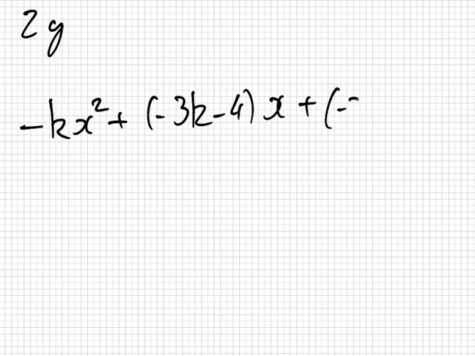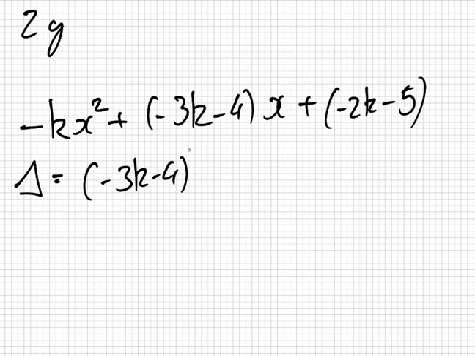So you have minus kx squared plus minus 3k minus 4x plus minus 2k minus 5. So let's see how many roots this has. b squared minus 4ac.